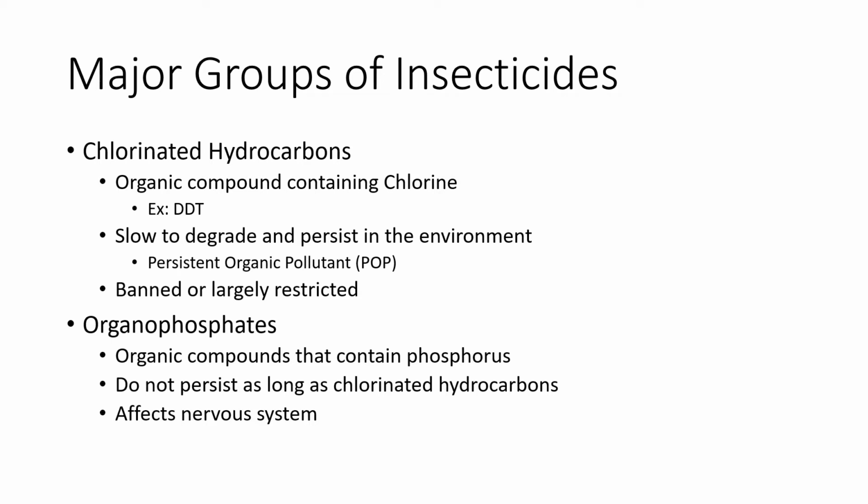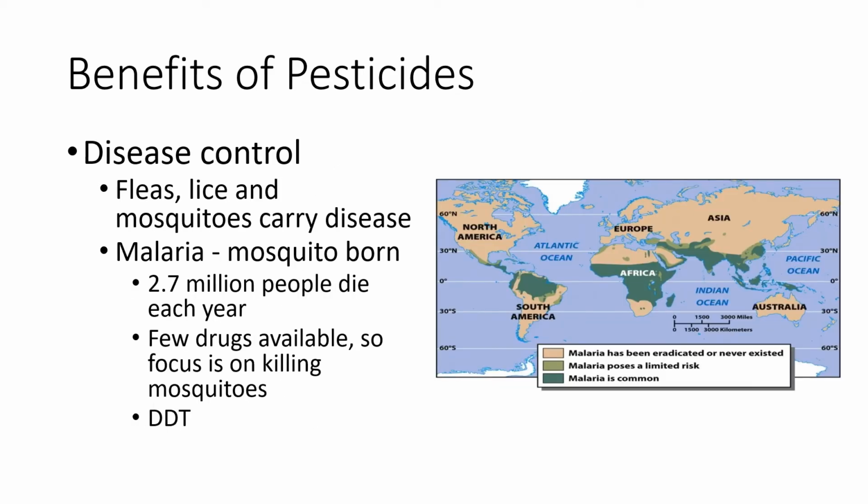They are banned or largely restricted in the US and really around the world, and we'll talk about that a little bit. And then there's also organophosphates, which actually affect the nervous system of certain insects. And so they don't persist as long, but they can bioaccumulate, which we will talk about in a little bit.